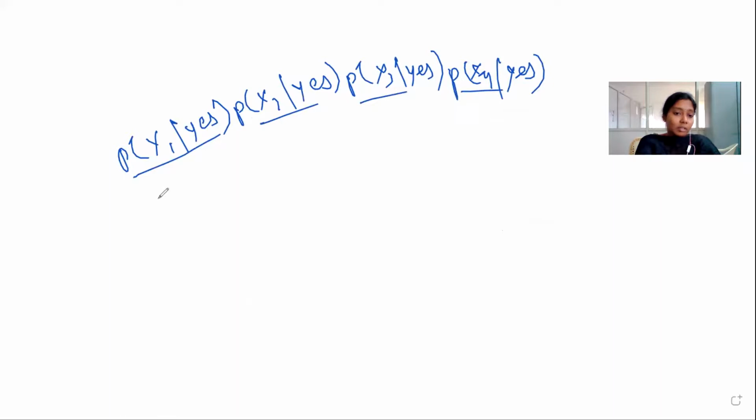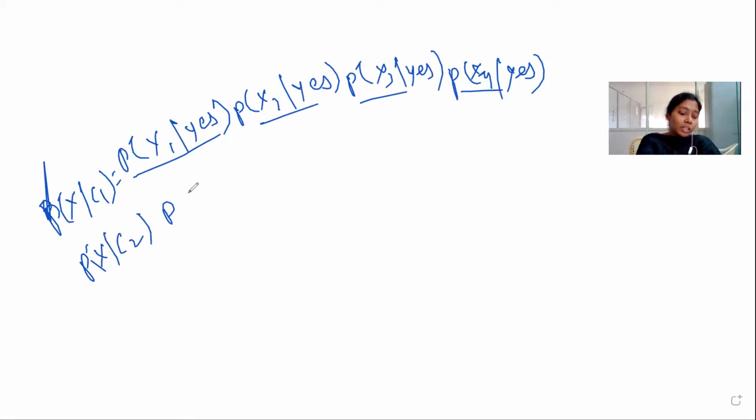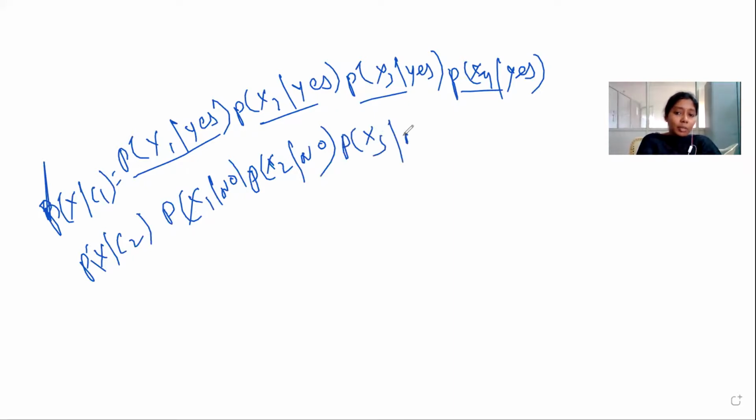This is for P of X given C1, right? And again, we need to calculate P of X given C2. So for that also, we have P of X1 given no into P of X2 given no into P of X3 given no, in the sense given the class no, P of X4 given no.